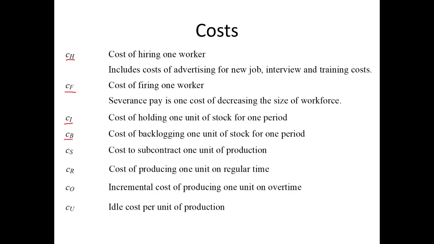C sub B is the cost of backlogging 1 unit of stock for one period. C sub S is the cost of subcontracting 1 unit of production. C sub R is the cost of producing one unit on regular time. C sub O is the incremental cost of producing 1 unit on overtime. C sub U is the idle cost per unit of production. So these are the cost elements.